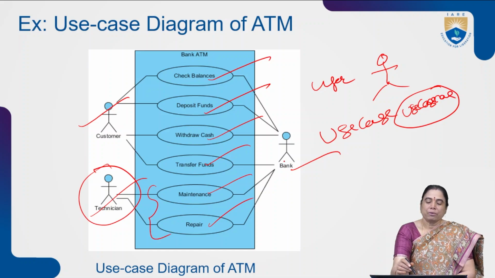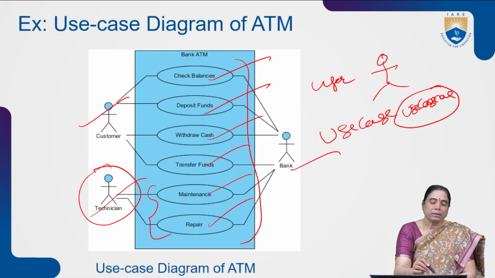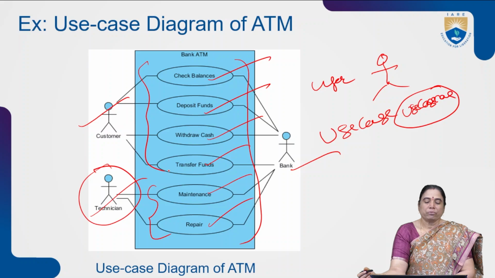The bank has the full access to all functionalities. The customer is limited to access the major transaction functionalities of checking balance, deposit funds, withdraw cash, transfer funds. So with this diagram, we see how the stakeholders can be involved in performing a variety of functions or features of the software.